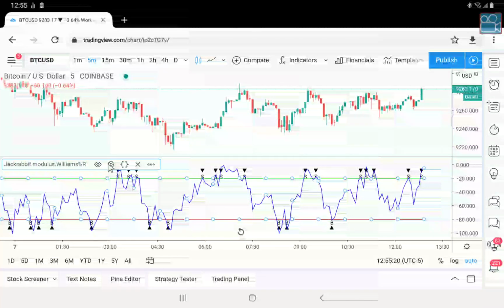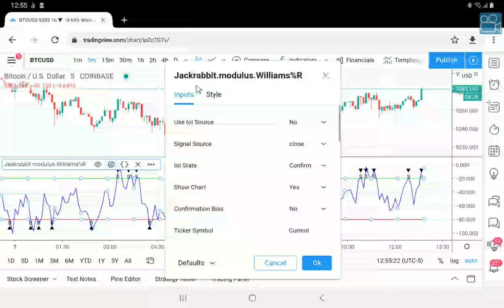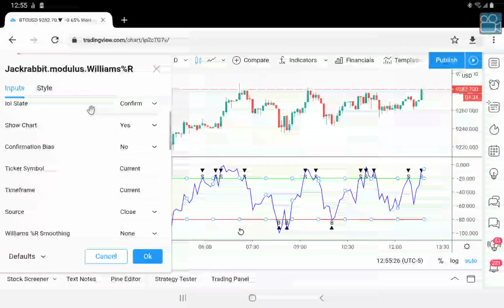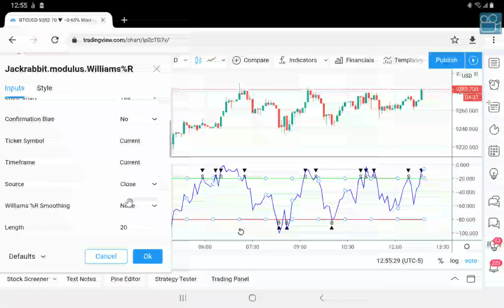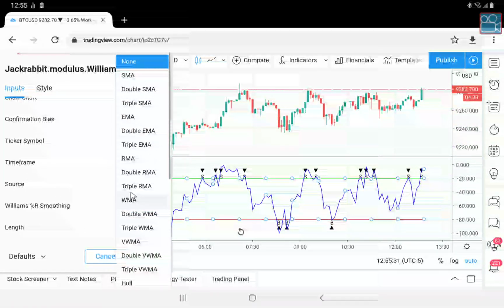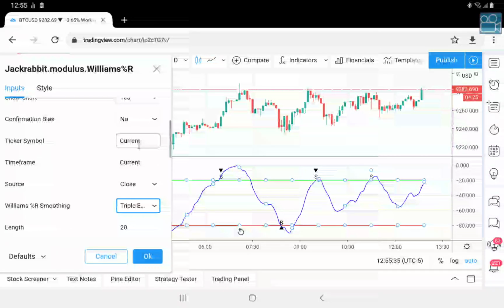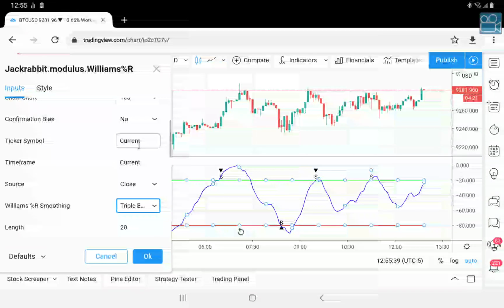Now, as always, Jackrabbit has its own twists to the indicator, and that is you can have a smoothing, and that can give you interesting results and help filter out weaker signals.